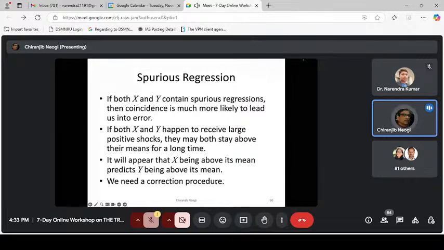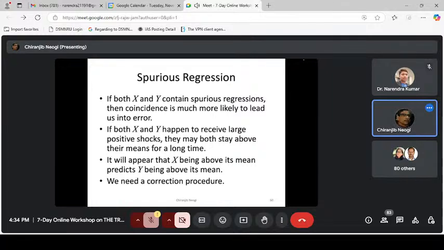So if there is actually a shock, this shock does not disappear in future. So the values may be above the mean or below the mean. Now, if the value is above the mean, the predicted value of Y is also above the mean. So we cannot have the exact result, or we cannot test the hypothesis of our results.